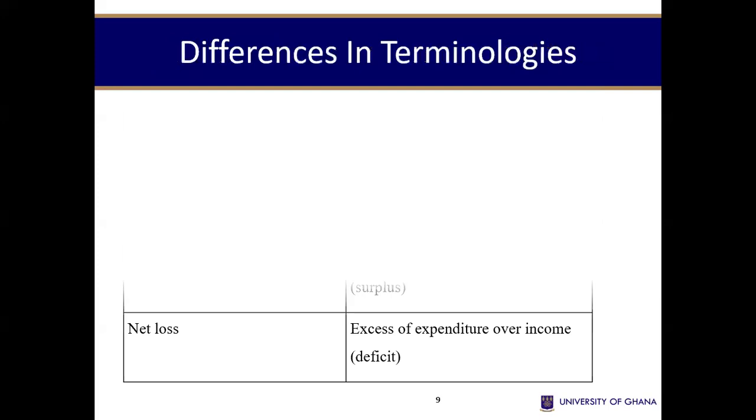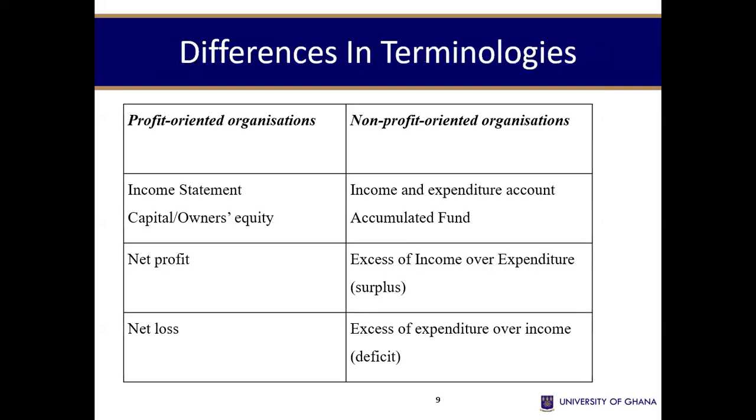Now, if we compare the terms that relate to a profit organization and a non-profit organization, we see that for a profit organization, their income statement is showing our revenues, or our sales, our cost of goods sold, and our net profit. Okay. Now, for a non-profit organization, in the income and expenditure, we are not going to see net profit. Okay. The bar profit is not the same as the net profit for a non-profit organization.